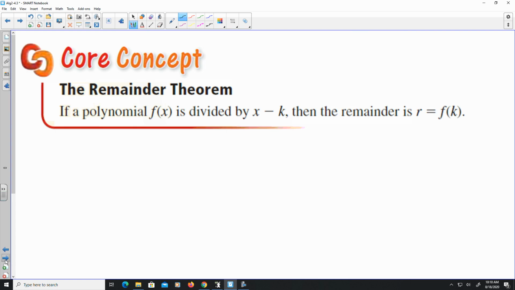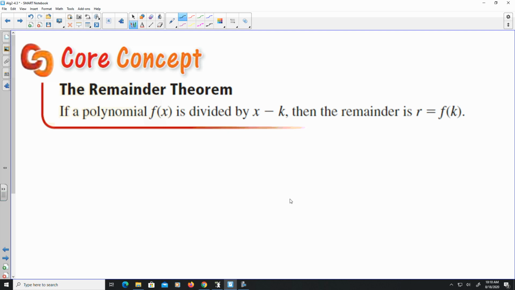The other one is you can use synthetic division. Synthetic division is only used when you're dividing by a 1-degree polynomial where the lead coefficient is 1, and it's going to be x minus k.